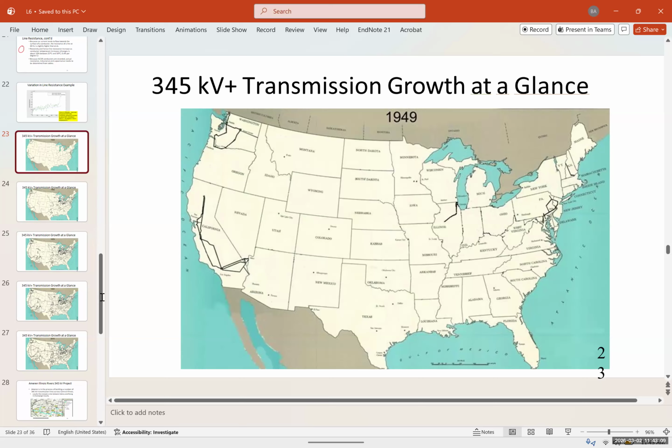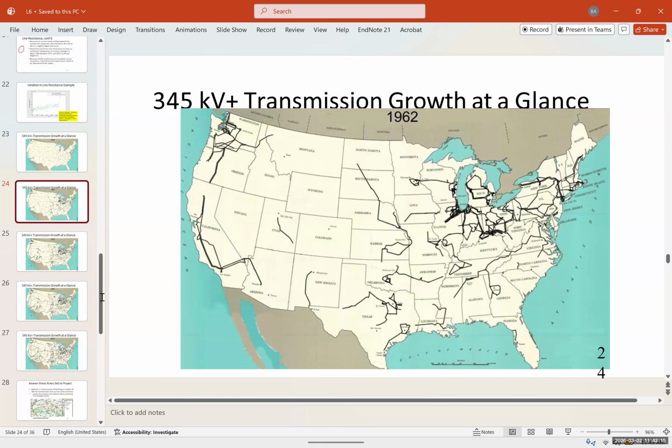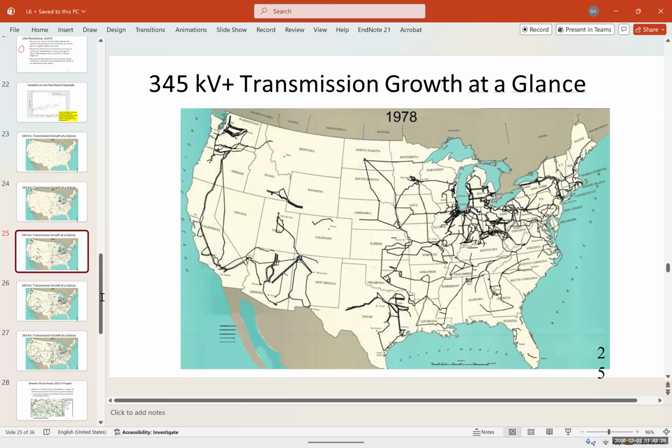So this was the 345 kilovolt transmission lines in 1949. This is 345 kilovolts in 1962, and you can see a huge increase, especially on the East Coast and Midwest. You can see Texas added. Then in the 70s, you can see around the Great Lakes area, Chicago, how much it has increased.